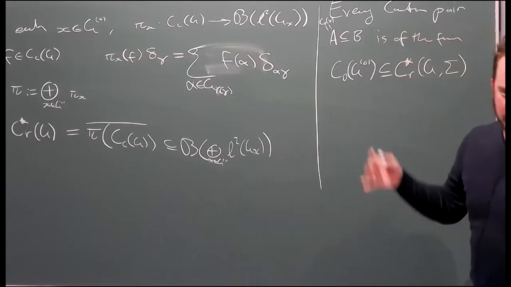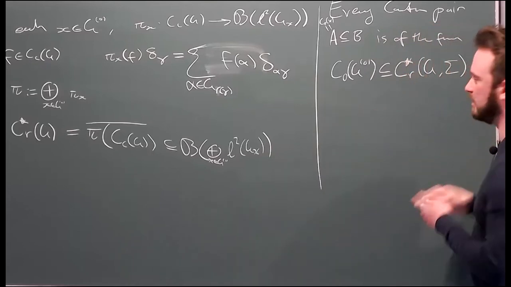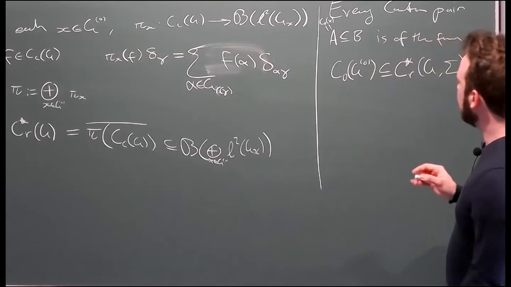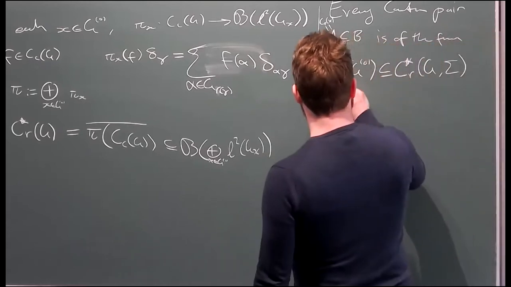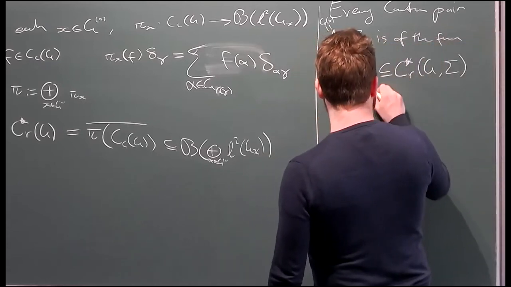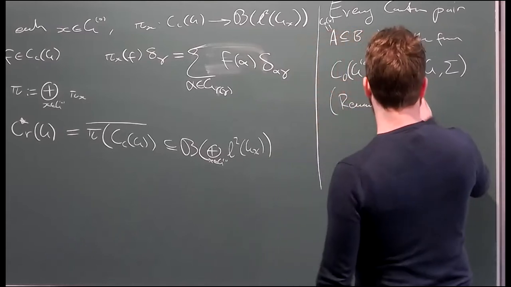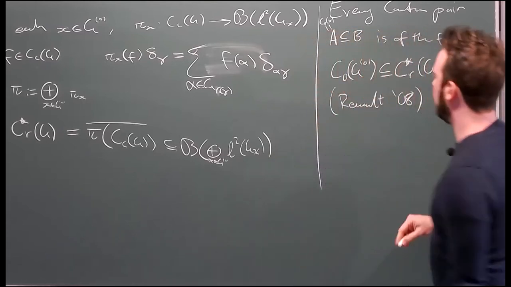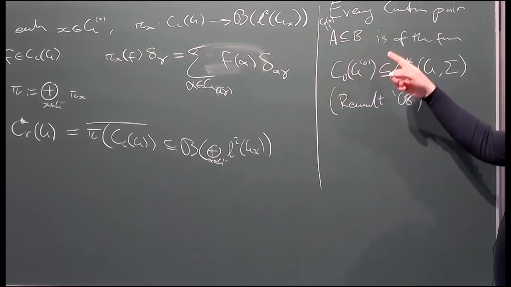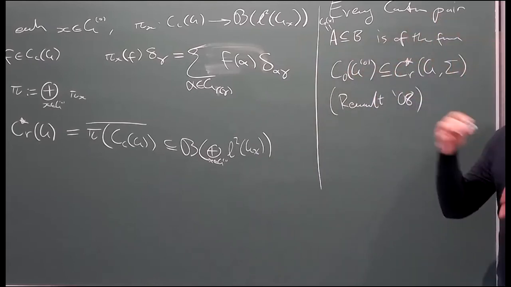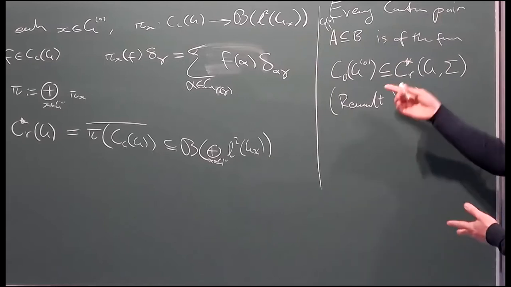Think of having a complex line bundle over your groupoid and then taking sections of it. Renault, in a very significant paper in 2008, said that every time you have a Cartan pair, so there are a couple of conditions there, then it looks like one of these.